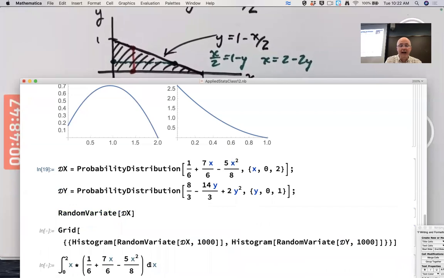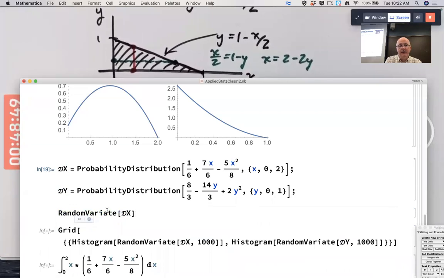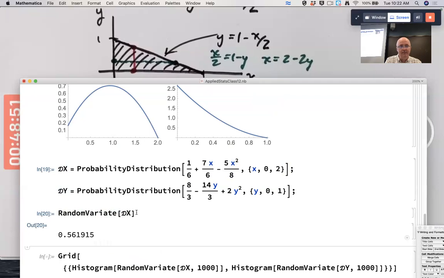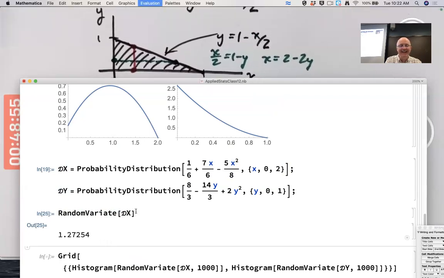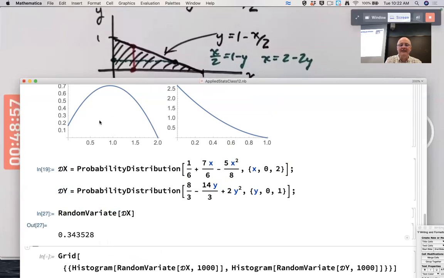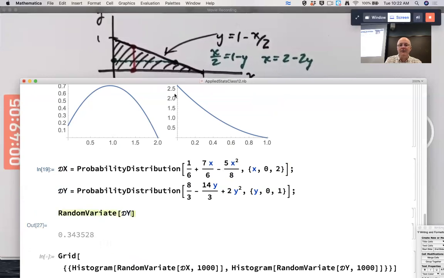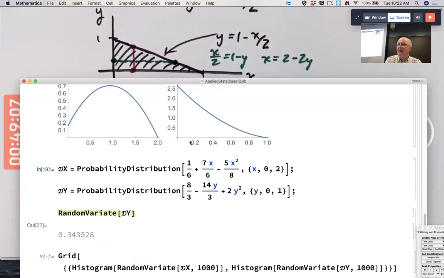So for X, this in all likelihood is going to be a number near 1 most of the time, because X has a distribution whose mode is near 1. If I do it for Y, Y is right skewed, with denser values near 0.